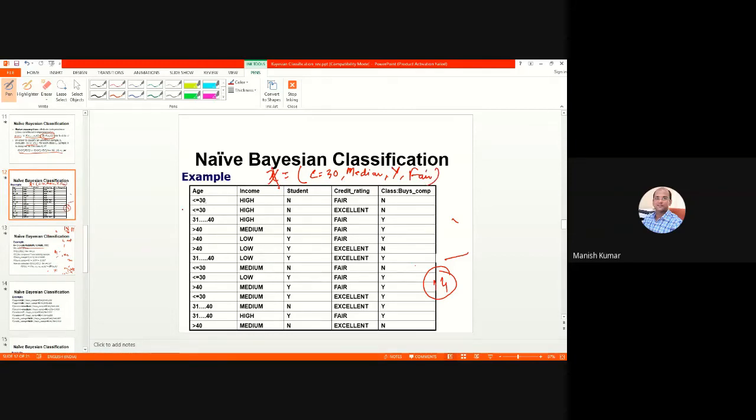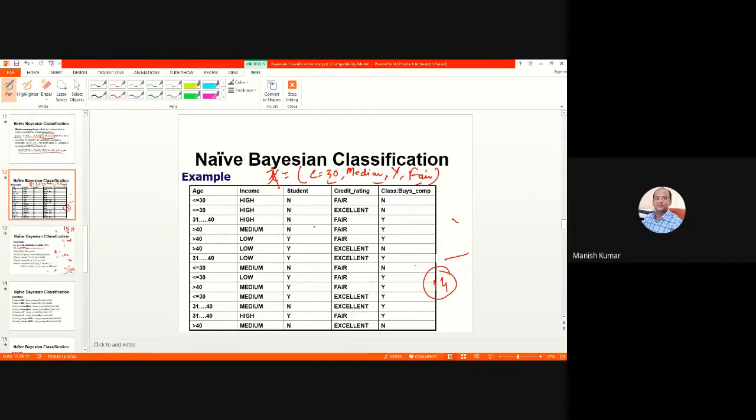Just check whether there is an entry for this in any row, that means all four values are actually creating a row in this data or not. If yes, then certainly whatever class label is there, you can assign to this.